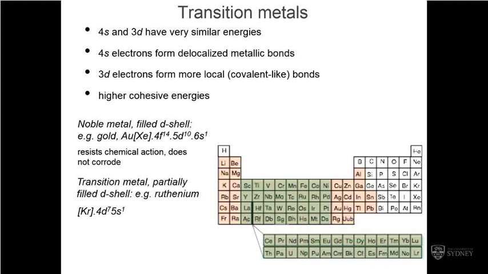So these 5d electrons do not participate in the bonding very much. Actually, when you're studying these things, they do play some role, but not like in the other transition metals where the d states are partially filled.